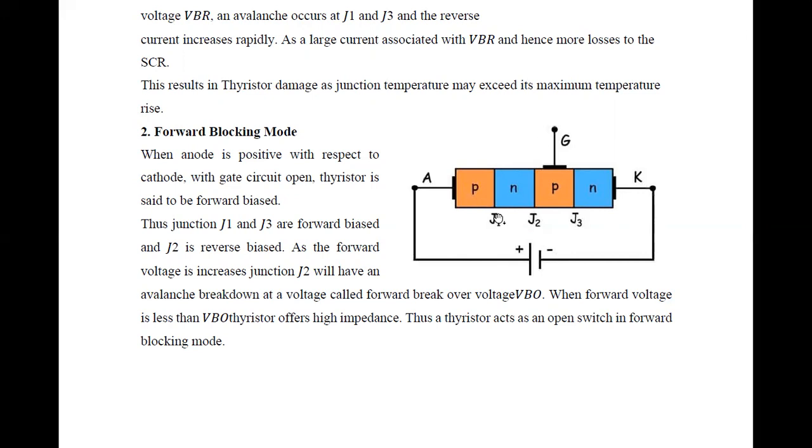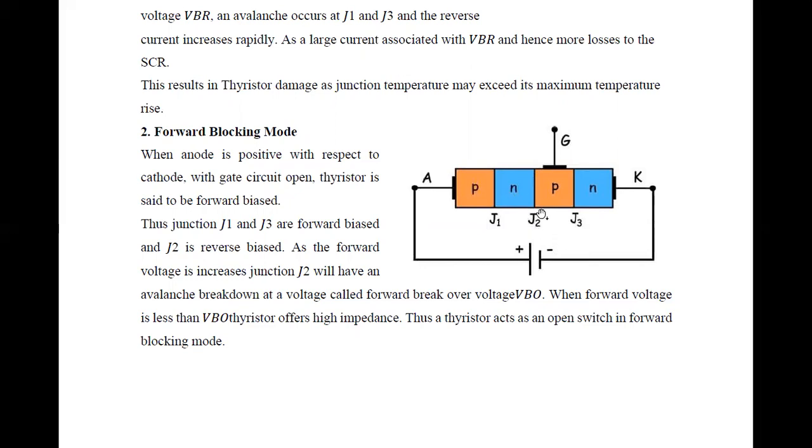Of the three junctions J1, J2, J3: in junction J1, P is connected towards positive and N towards negative, so it is in forward bias. For junction J2, N is connected to positive and P to negative, so this is reverse bias. For junction J3, P is connected towards positive and N towards negative, so this is also in forward bias. So junctions J1 and J3 are in forward bias and junction J2 is in reverse bias.